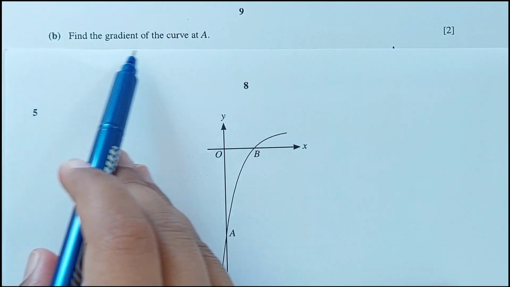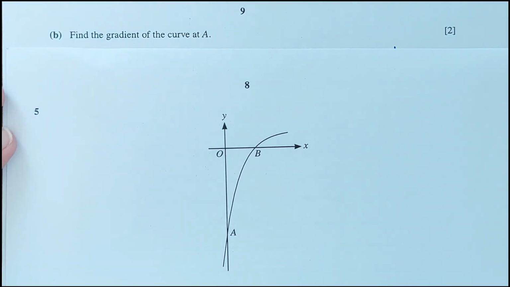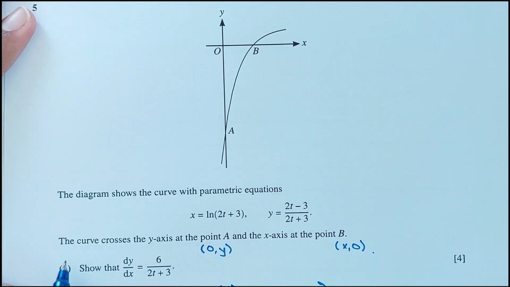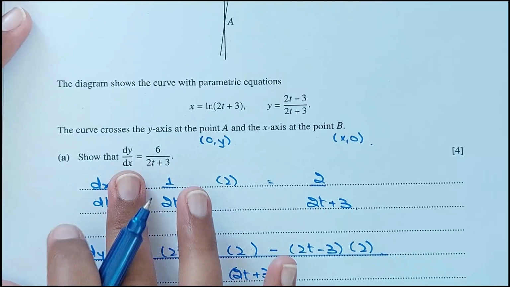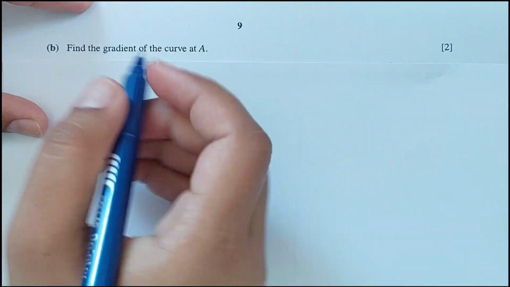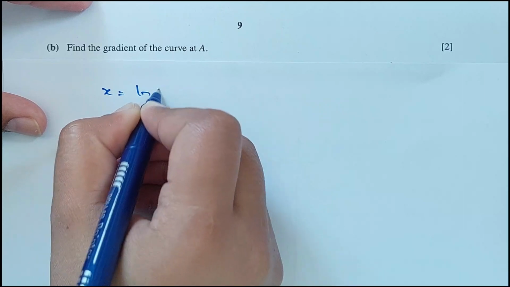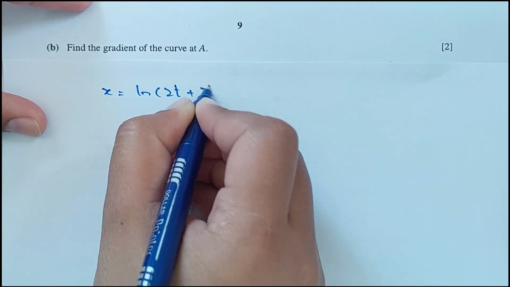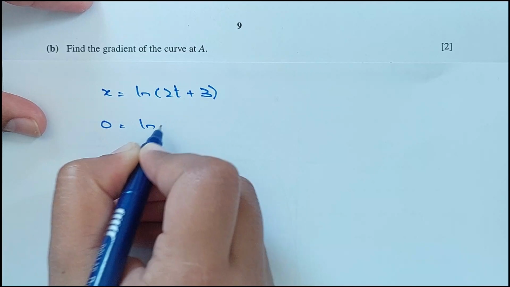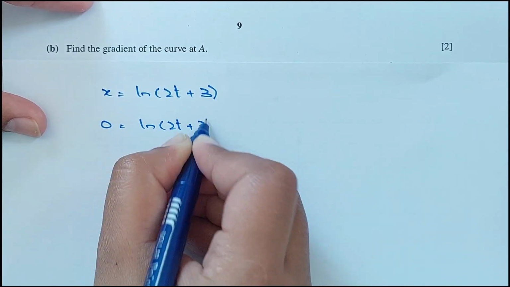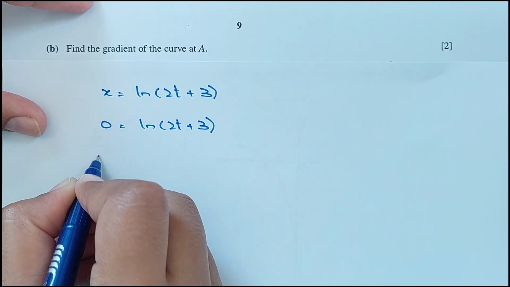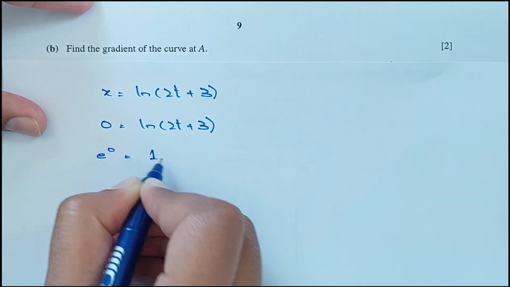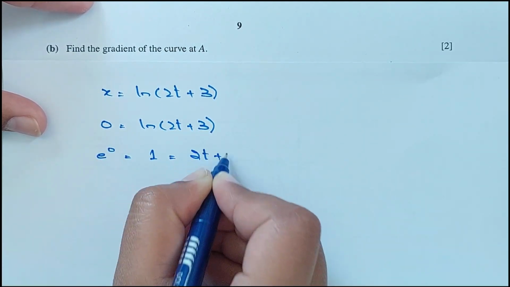Now for part B, find the gradient of the curve at point A. We know that the curve crossed the y-axis at point A, so the x should be equal to 0, and we have to solve for t because the gradient dy over dx depends on t. Right. So x we have given is ln of 2t plus 3. Right, x is 0. We have ln of 2t plus 3, and taking exponential, e power 0, which is 1, is equal to 2t plus 3.